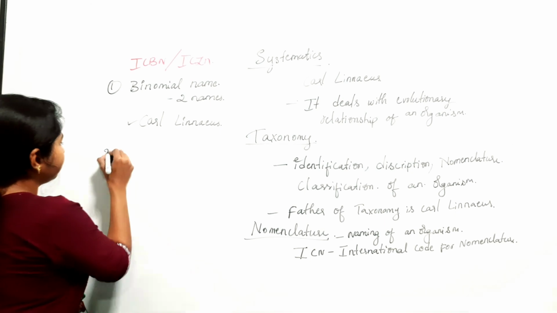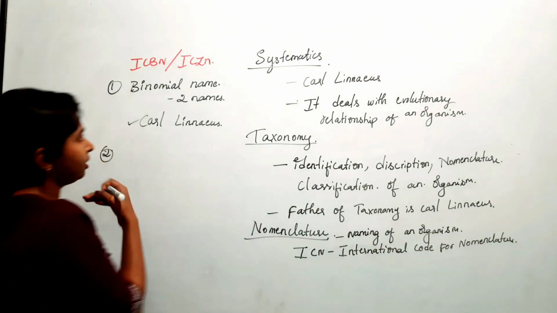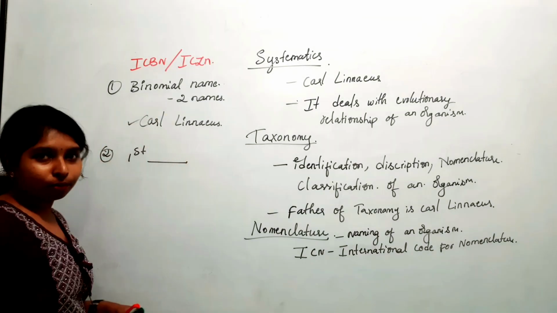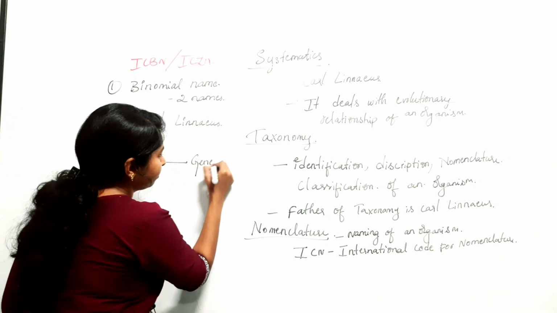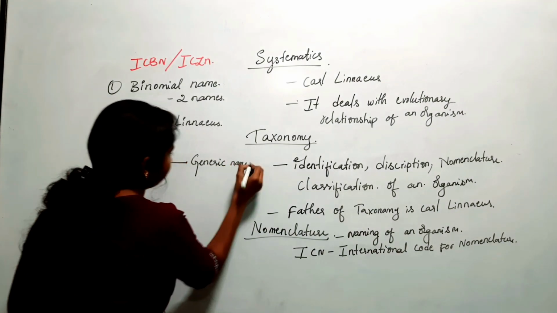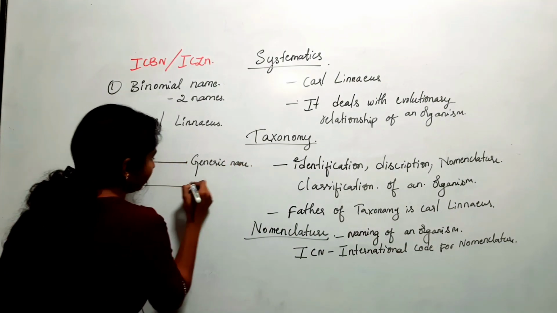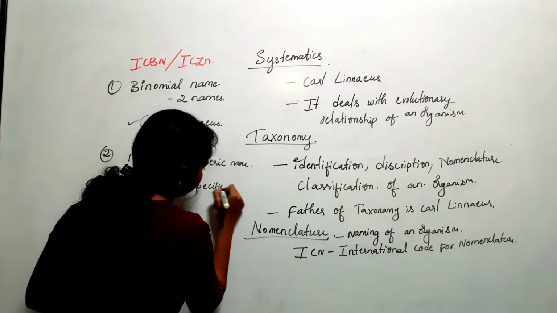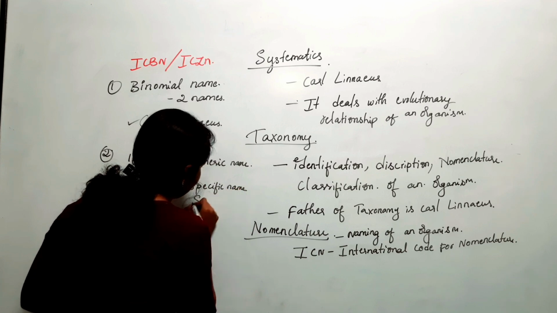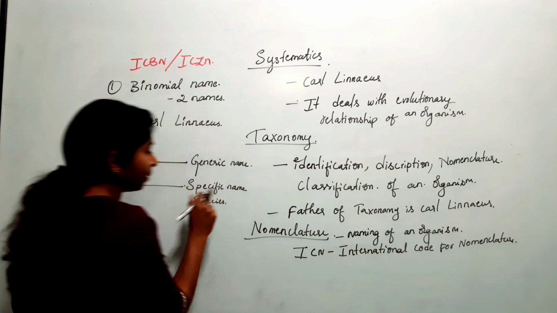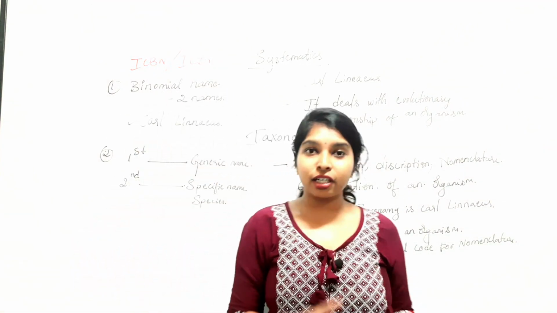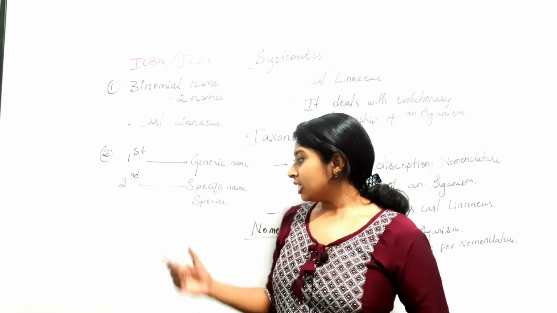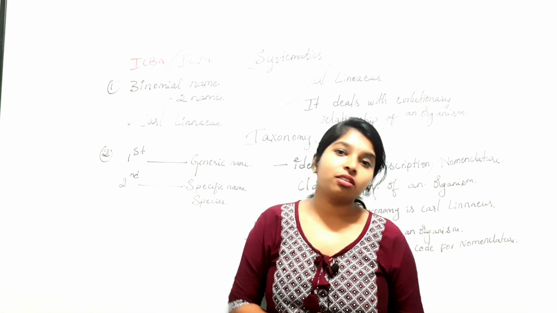The second principle is that the first name of the binomial name should be the generic name and the second name should be the specific name or species name. Specific name is used commonly in zoological nomenclature, and species in botanical nomenclature.